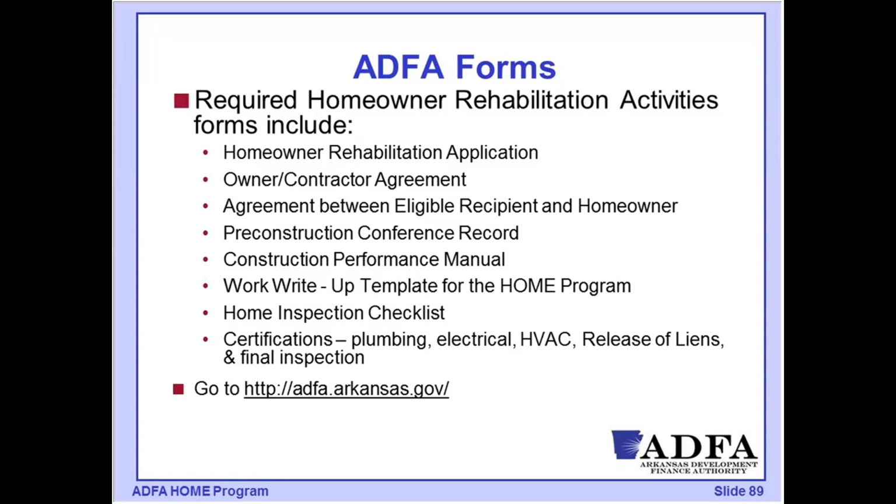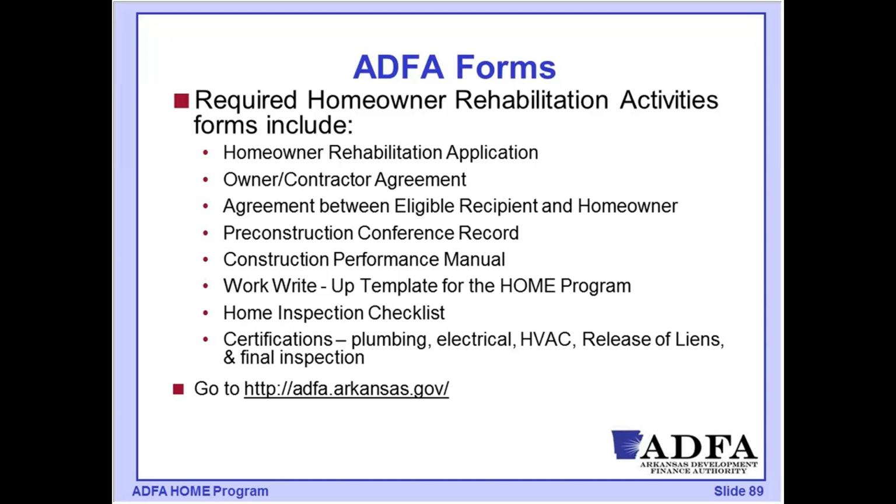You're required to conduct a pre-construction conference, and there's a pre-construction conference record form to use to capture the information and who attended and participated in that conference. And then there's a Construction Performance Manual, which guides you through the oversight as part of that.